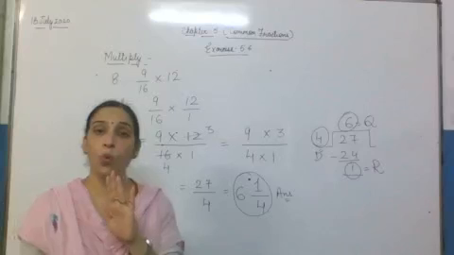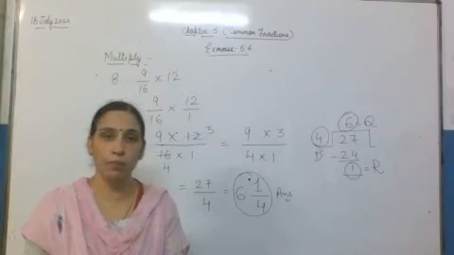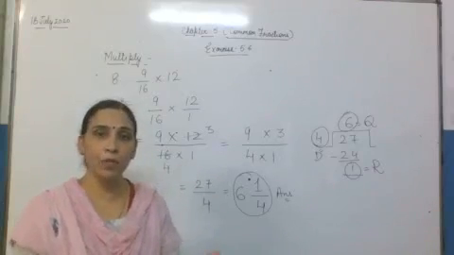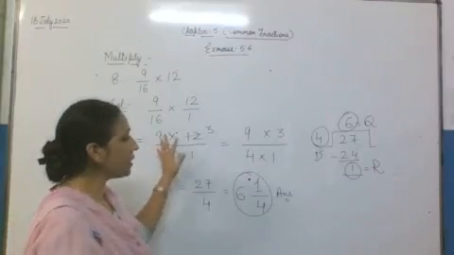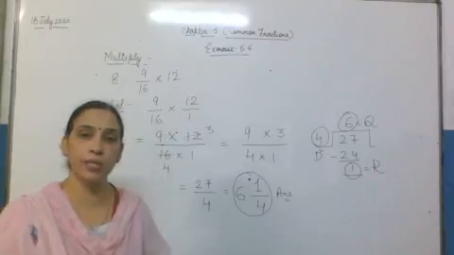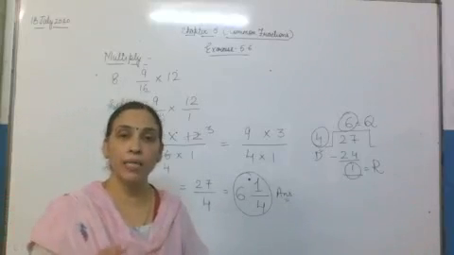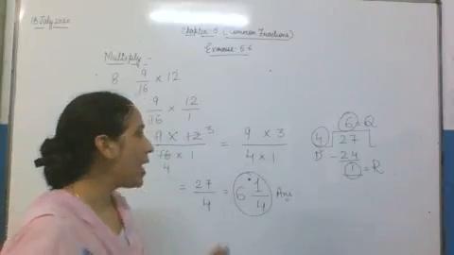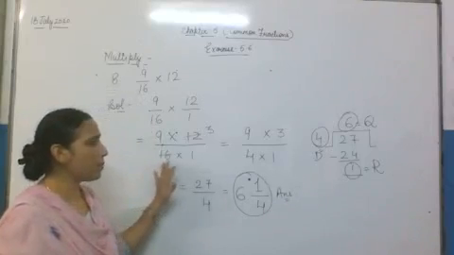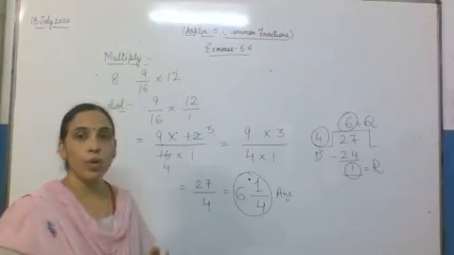After writing 1 in the denominator of the whole number, the second step is what? Numerator will multiply by numerator and denominator will multiply by denominator. Now what is the next step?